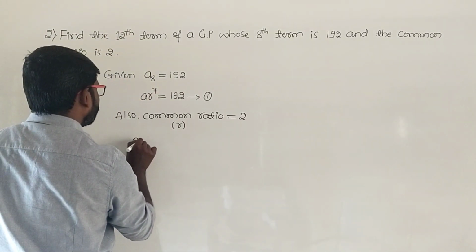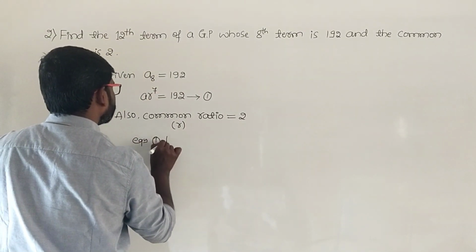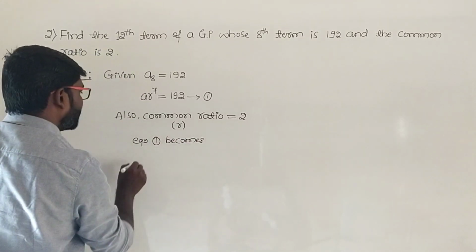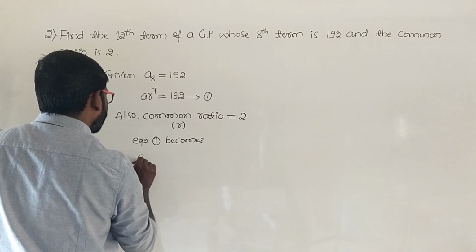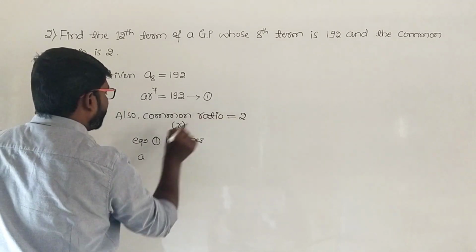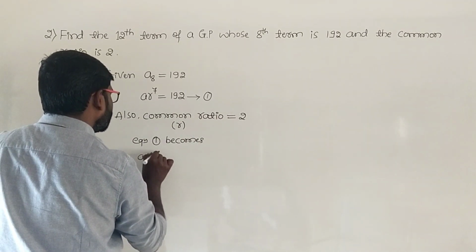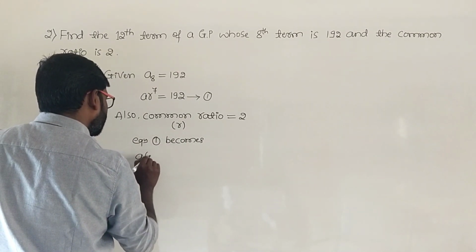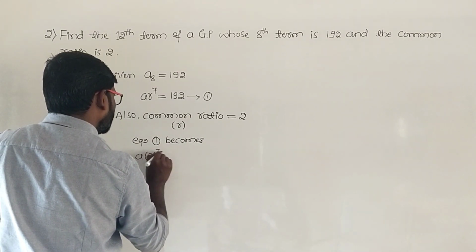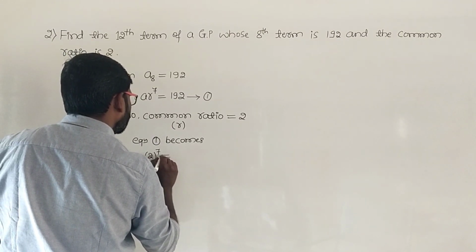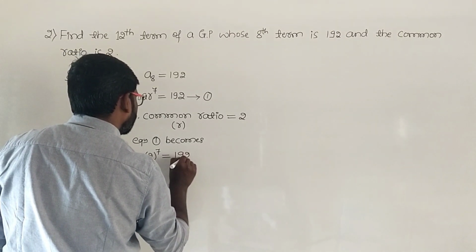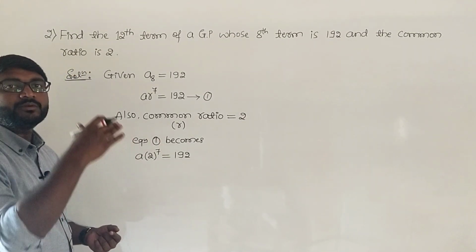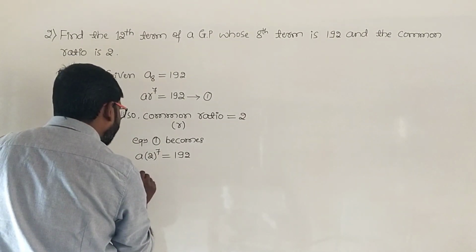Therefore equation 1 becomes: A into, in place of r I write 2, so 2 raised to 7, equals 192. What is 2 to the power 7? You multiply 2 seven times, so it is 128.